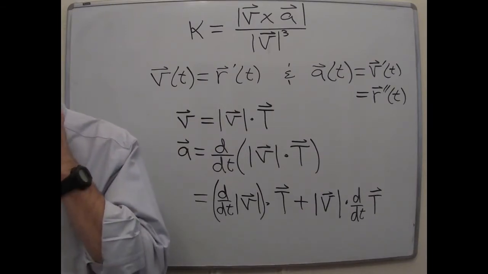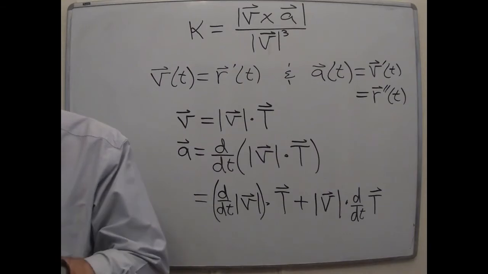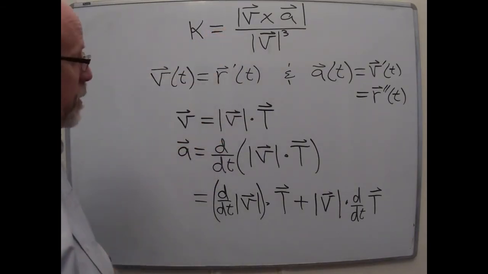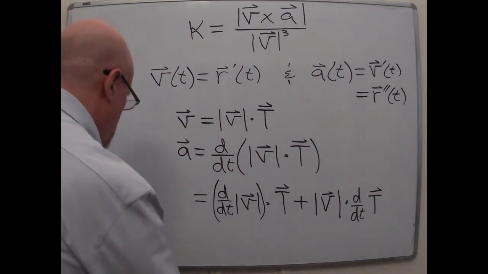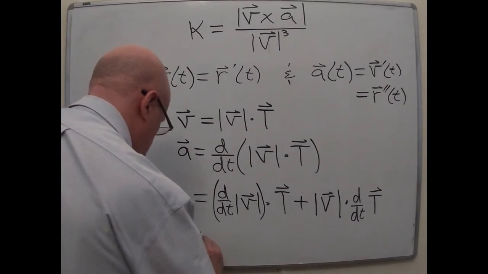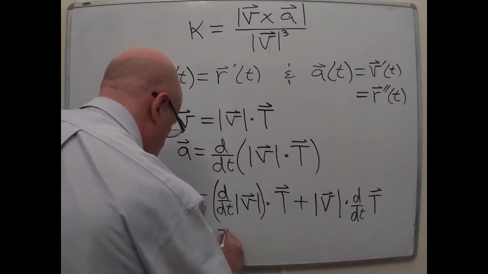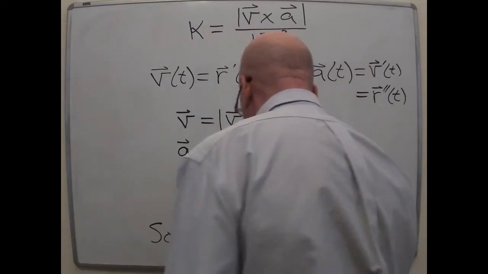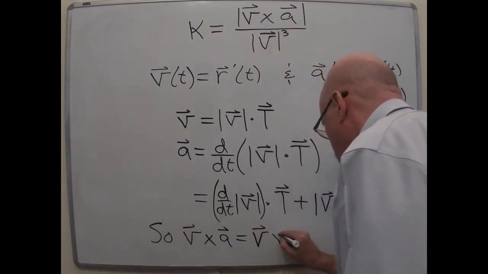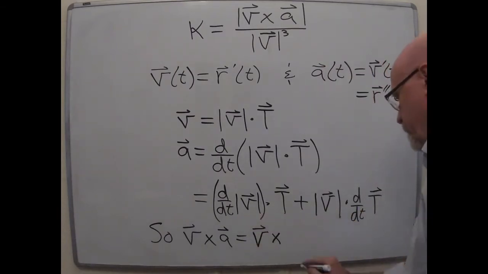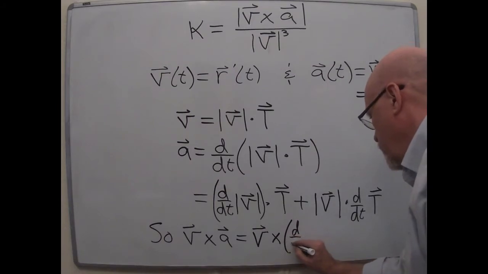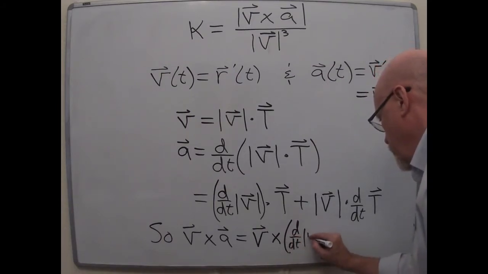But look what you get when you use that in calculating v cross a, because the formula I told you we're going to come up with involves v cross a. So let's look at what v cross a is. Well, it's v crossed with the thing that I just wrote down above, which is d by dt of speed.